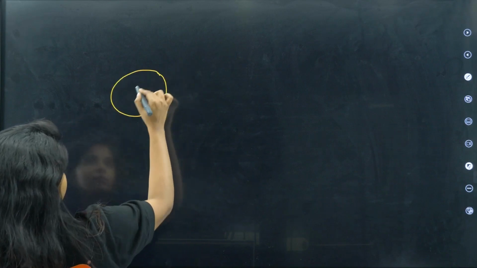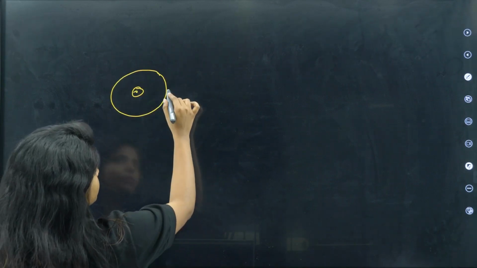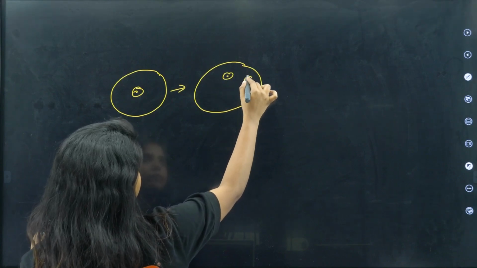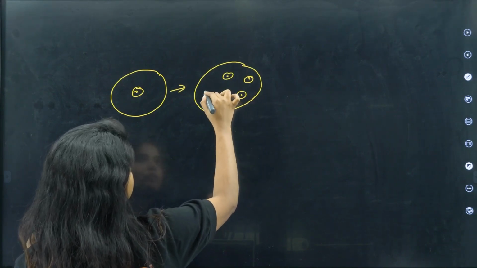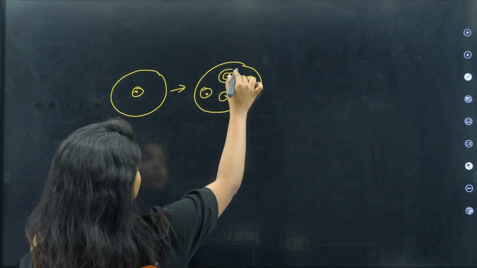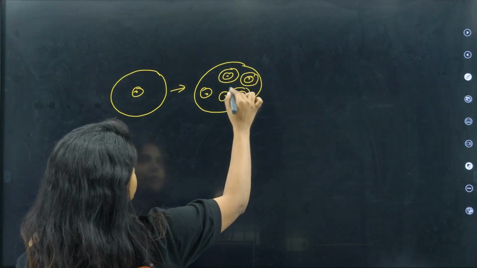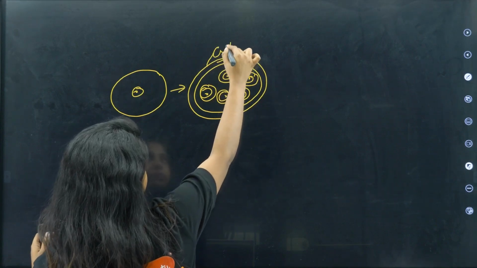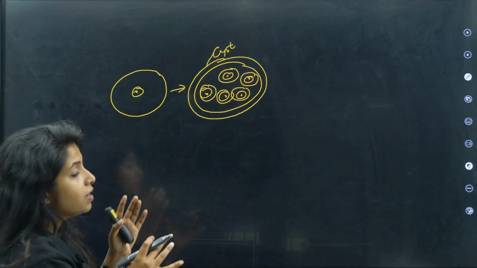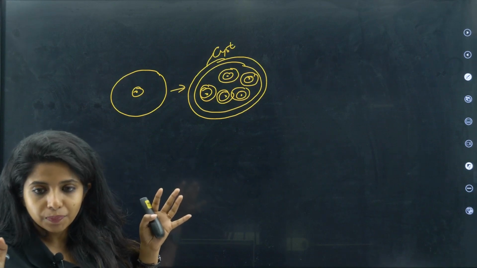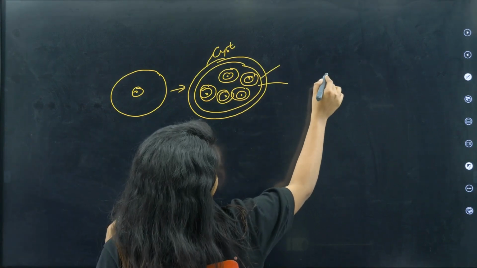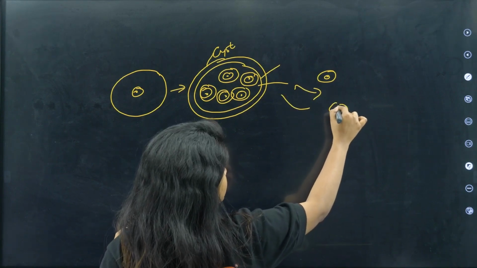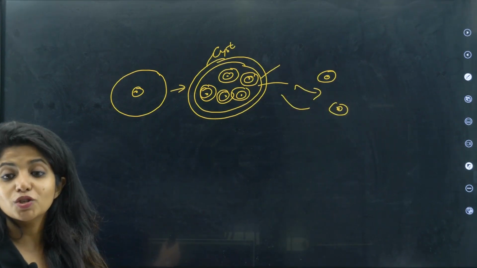So this is an organism with the nucleus. What will happen? Slowly, the nucleus keeps on dividing. The nucleus will keep on dividing and they will have their own cytoplasm as well. And the structure will be covered by something known as a cyst that protects them. Slowly, when favorable conditions arrive, this will burst open and the nucleus along with the cytoplasm comes out, and now tada, we have so many Plasmodium there.